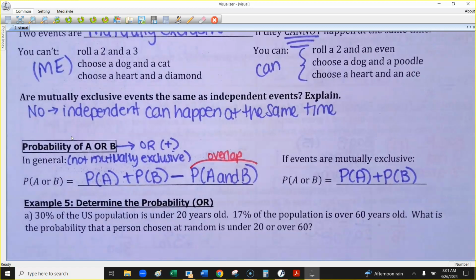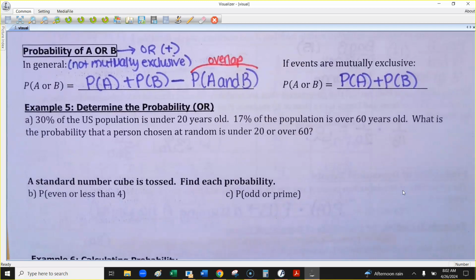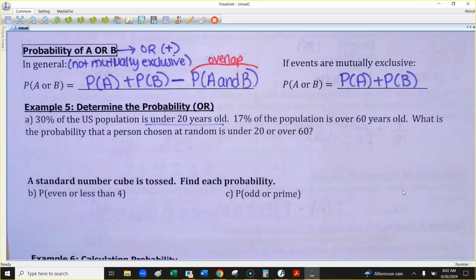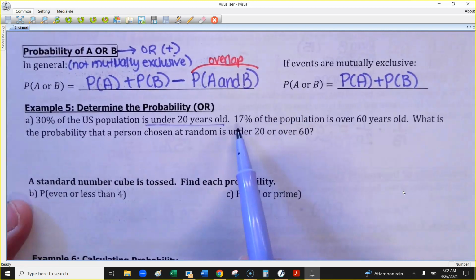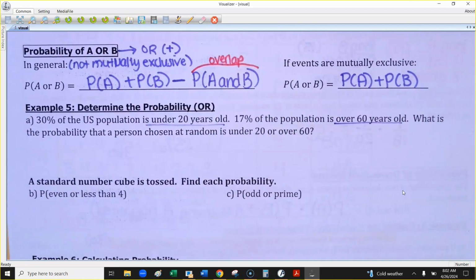Okay, my first example says 30% of the U.S. population is under 20. And 17% of the population is over 60, so like 61, 62 on up.